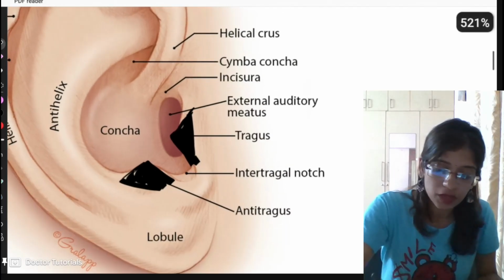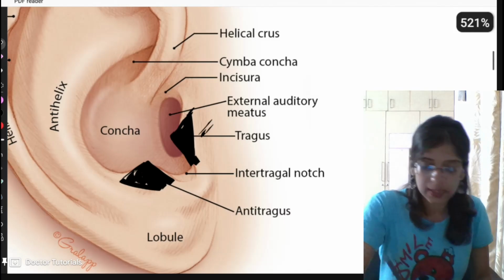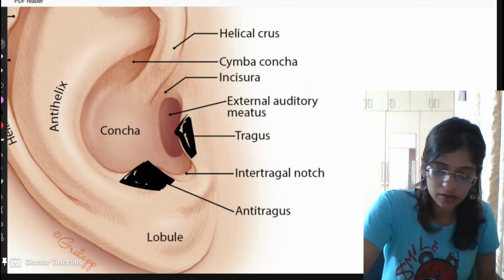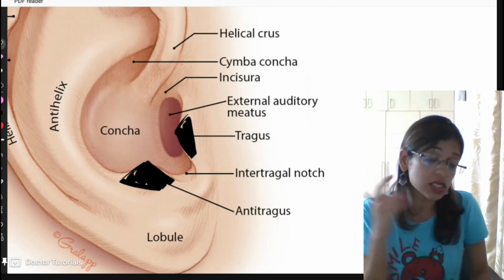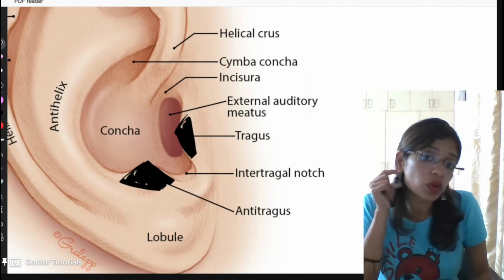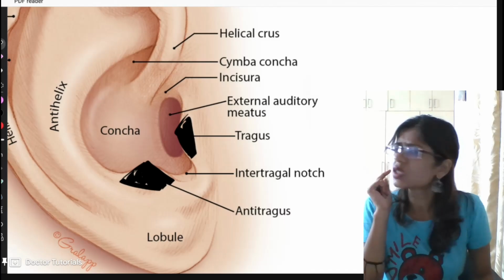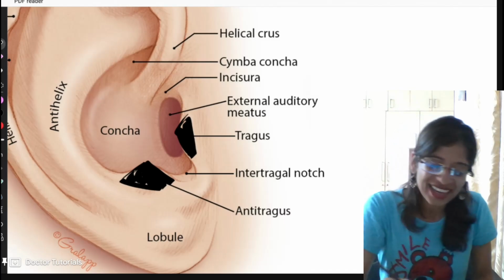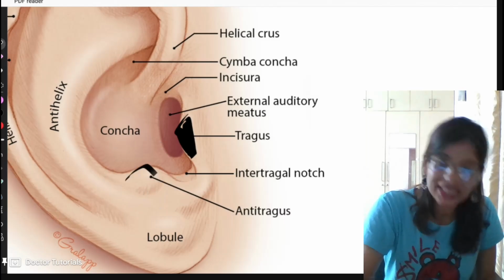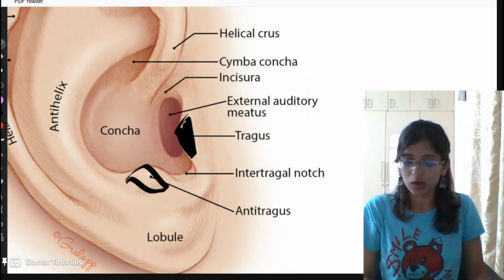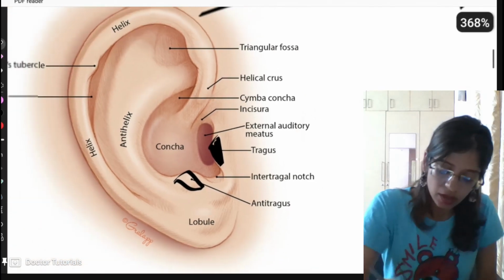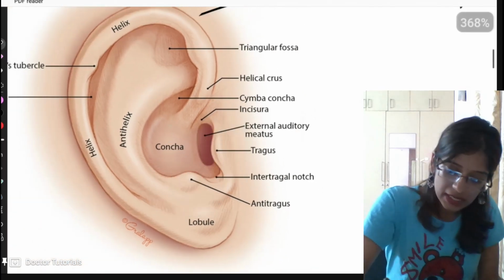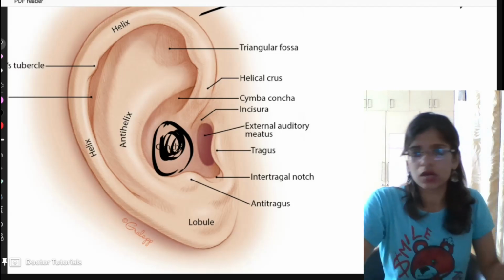Look here, this is the tragus. Just above the lobule, there is a small projection, and that is called the antitragus. Then you can see a bowl shaped structure, that's called the concha.